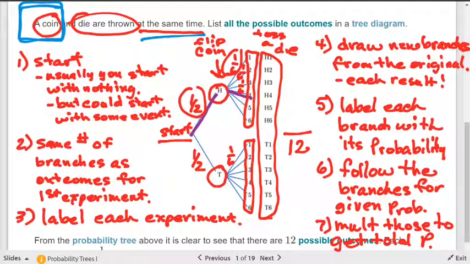It does speed it up a little. So if I say, how many times could you get a heads and a 5? Boom, there it is right there. You don't have to follow the branches to get it. But you can. Now, we do have to be careful because many times the probabilities aren't even. We'll talk a little bit about that.